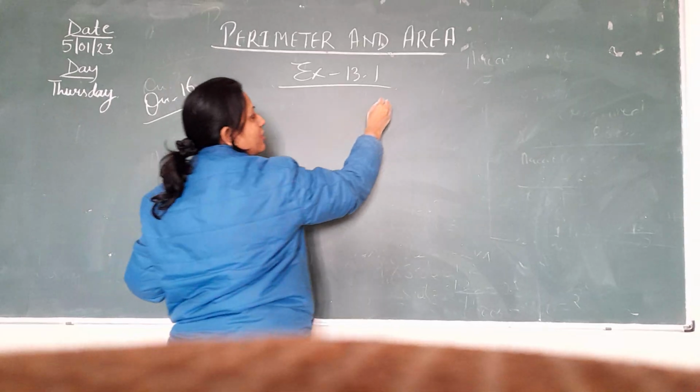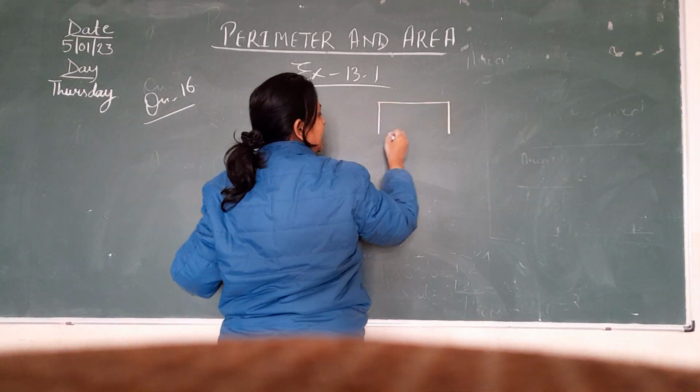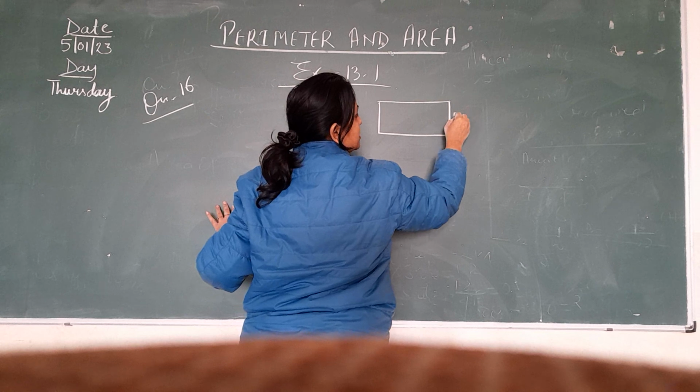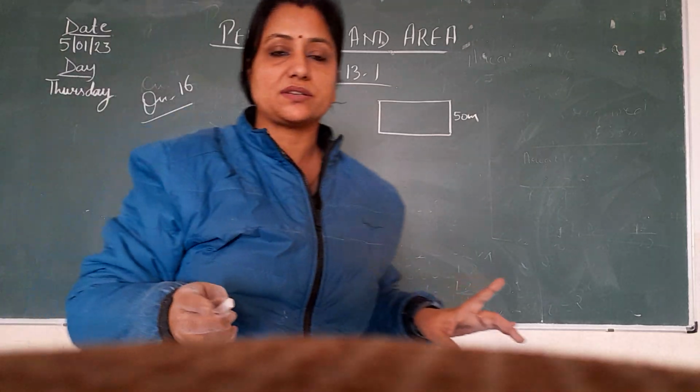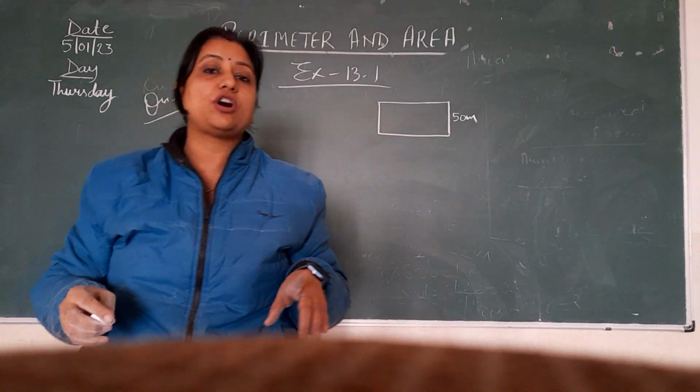So the shape of this plot is a rectangle, whose breadth is given, which is 50 meter, and the cost of fencing.